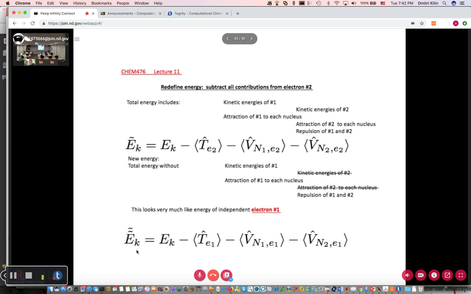Then we do the same procedure, and the unknown eigenvalue for the second electron wave function will be this E with two tildes, the two-electron eigenvalue, minus the kinetic energy of the first electron and the potential energy of attracting the first electron to the first and second nuclei. Okay.